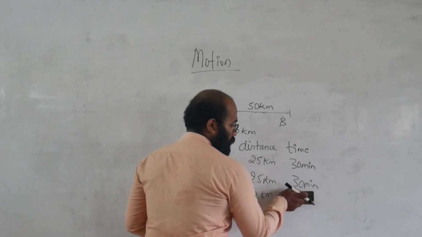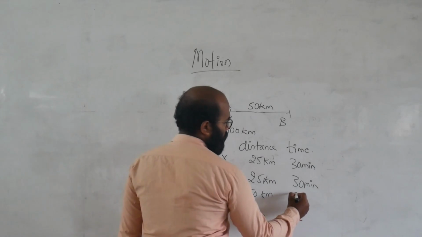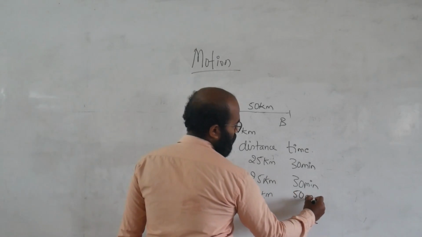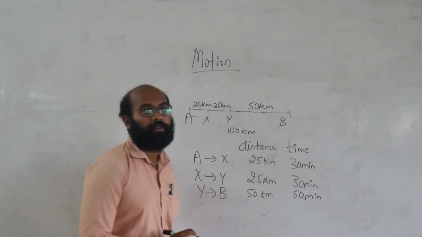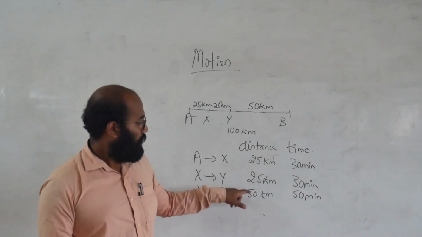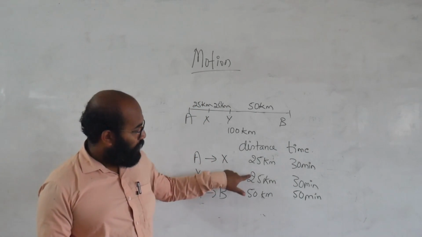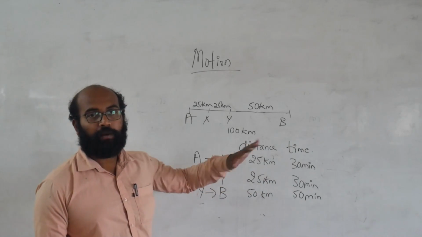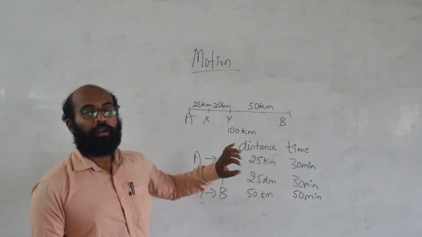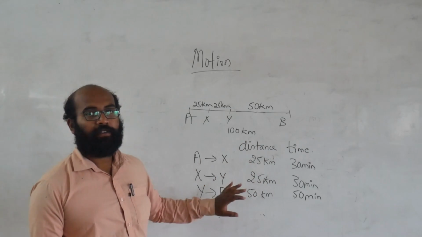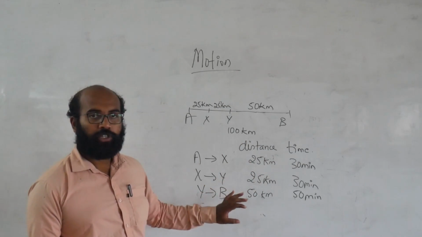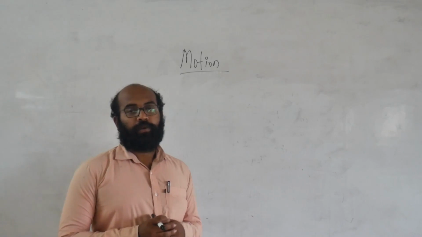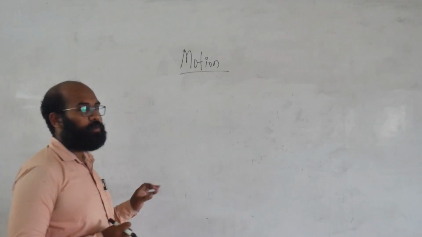If instead of 1 hour it would have taken 50 minutes, then here the distance is doubled, but the time is not doubled. So it is not traveling in a uniform motion. So you saw what a uniform motion is.